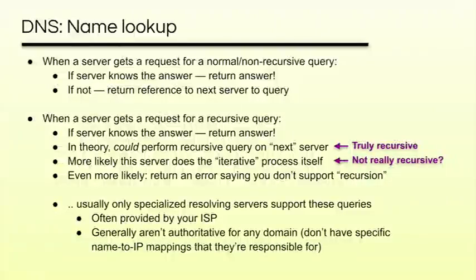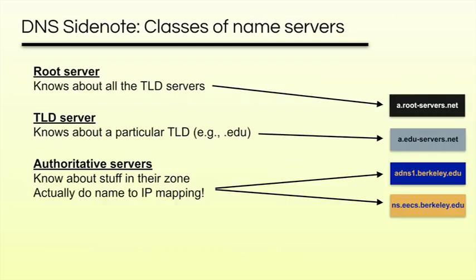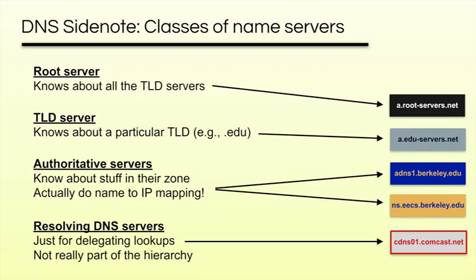Like I said, these servers are often provided by your ISP, and they generally aren't authoritative for any domain. They don't have specific named IP mappings that they're responsible for. They're really only used for lookups. So going back to our classification of types of DNS server, we could add the resolving DNS servers, though it's worth noting these aren't really part of the hierarchy in the same way as the other ones are.